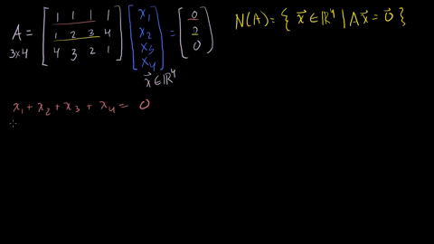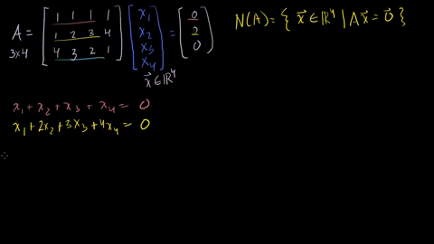So you get x1 plus 2 times x2, plus 3 times x3, plus 4 times x4 is going to be equal to that 0. And then finally, we have that times this vector should be equal to that 0. So you can have the dot product of this row vector with this column vector should be equal to that 0.